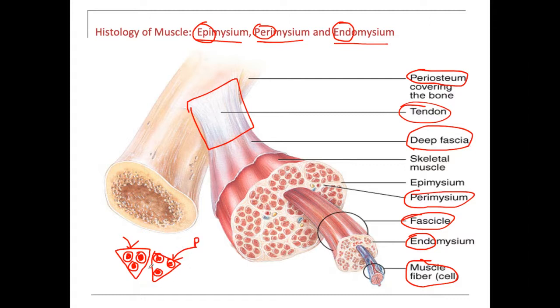But this is also referred to as a fascicle. So you have two fascicles here. Now, if I surround these two fascicles and I group these together, this layer is called the epimysium. That's this one here. So they all come together, the endomysium, the perimysium, the epimysium, to form what we call skeletal muscle.